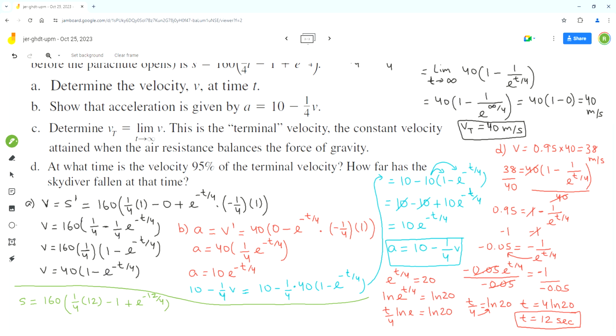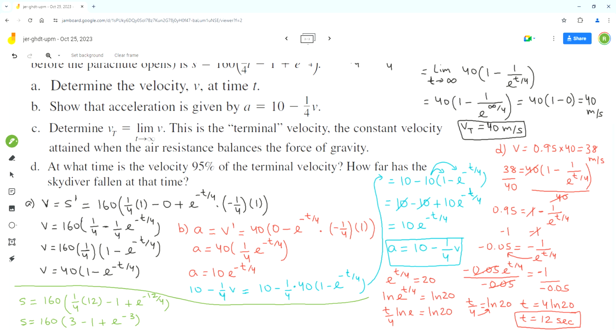So now we have to evaluate this expression. So s equals 160. Now in the parentheses, 1 over 4 times 12 is equal to 3 minus 1 plus e to the power. So negative 12 divided by 4 is equal to negative 3.